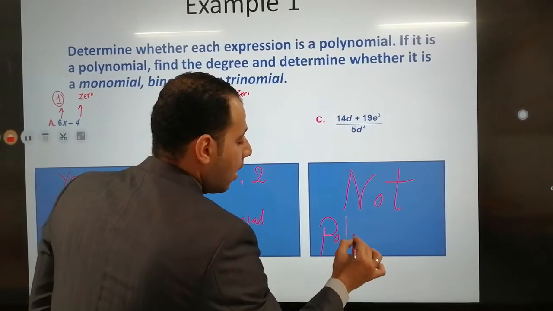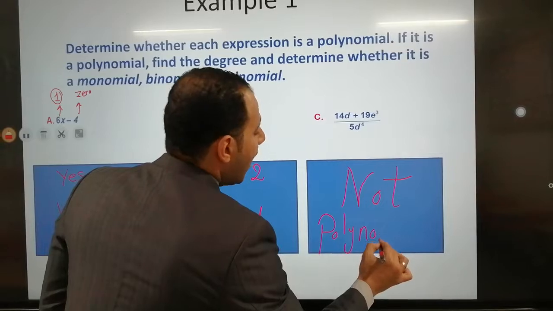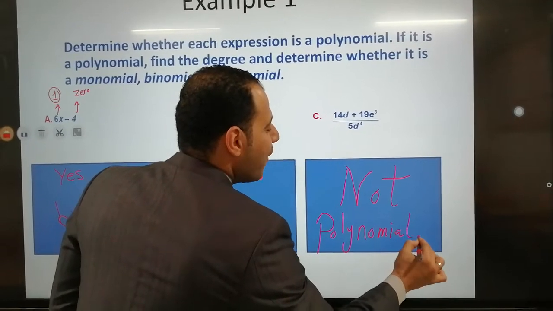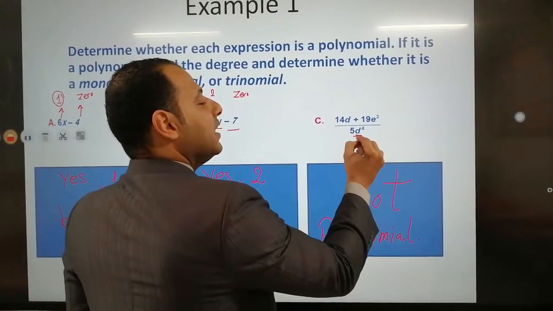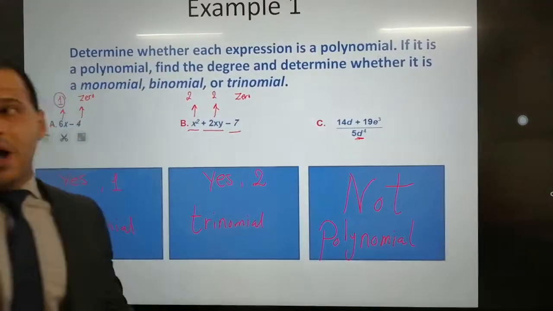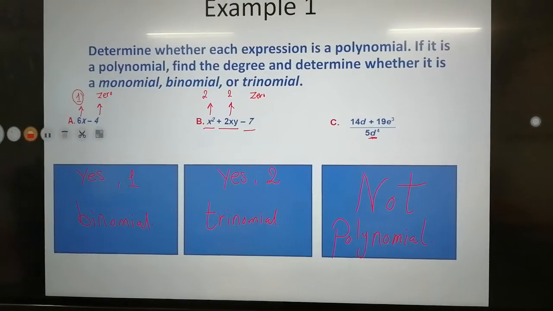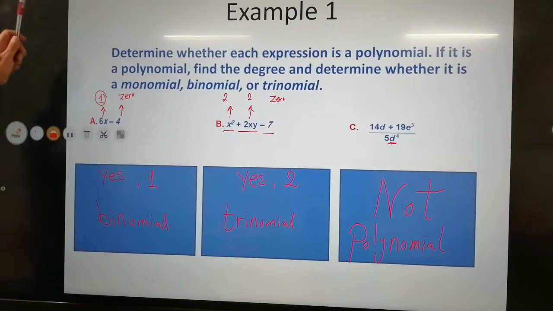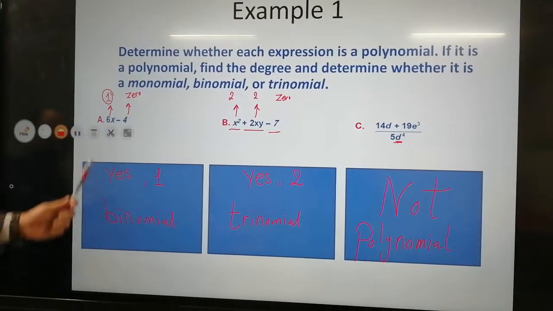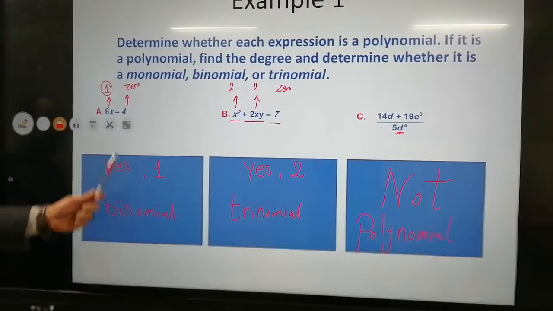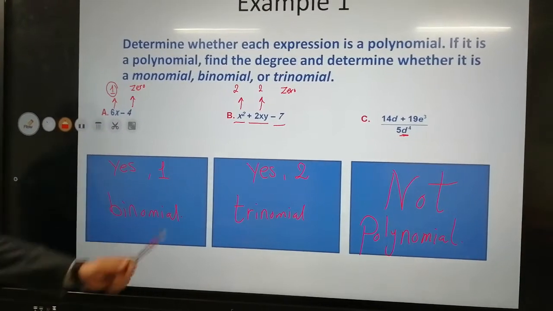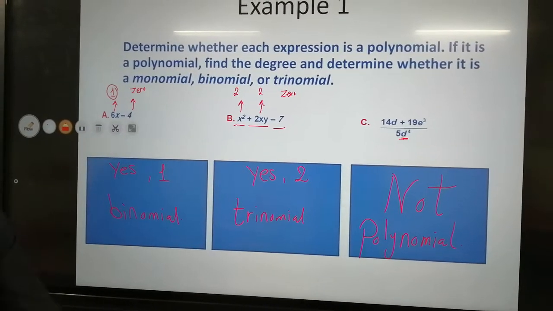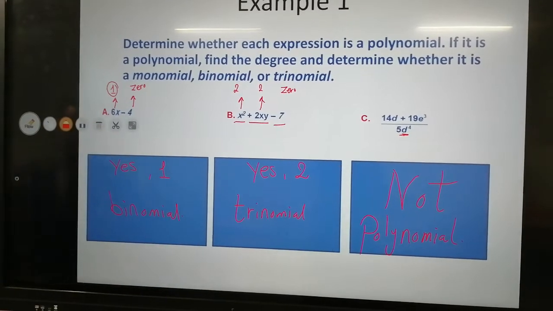Because we have a variable down, the variable d. If you have d down, or a, or x, any variable, as we said in the definition, it's not a polynomial. So we have here, the first is binomial, its degree is 1, the second is trinomial, its degree is 2, and here not a polynomial.